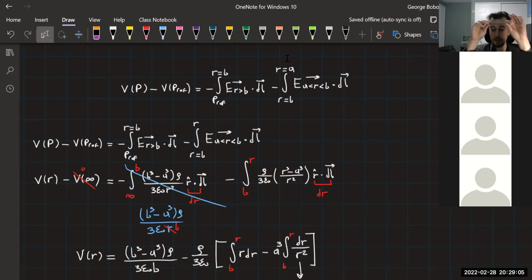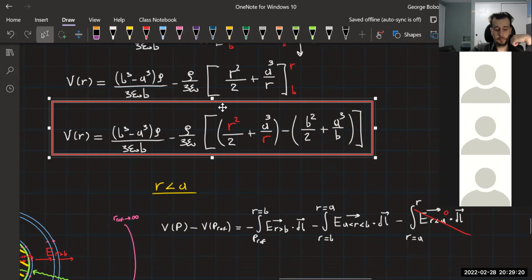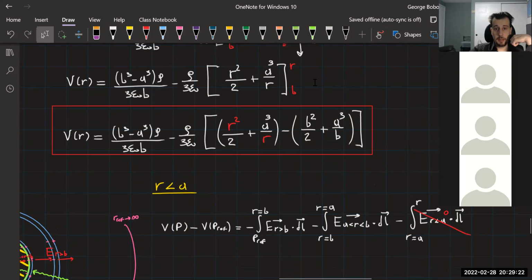The integrals are exactly the same, besides the fact that this was the running variable r, and this is now constant. What should I do? The integrals are the same, but the upper bound. Replace what? Replace R with A?